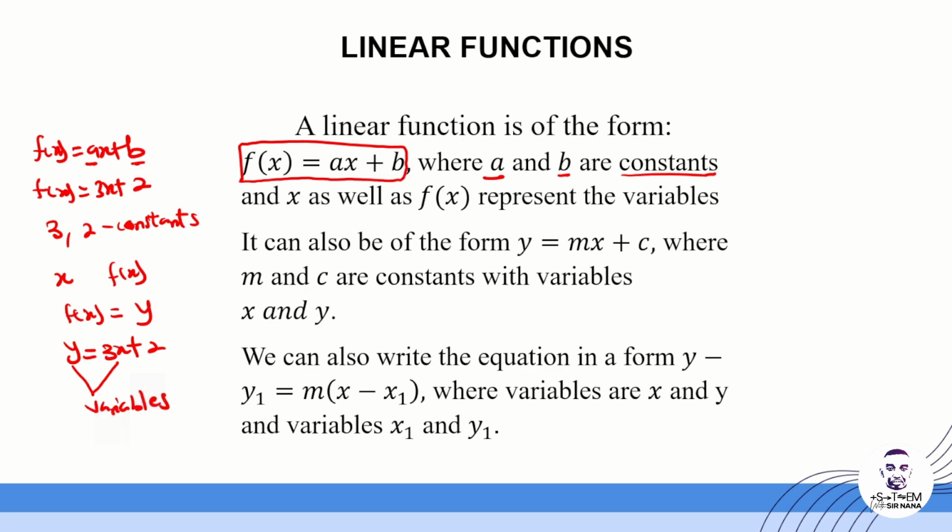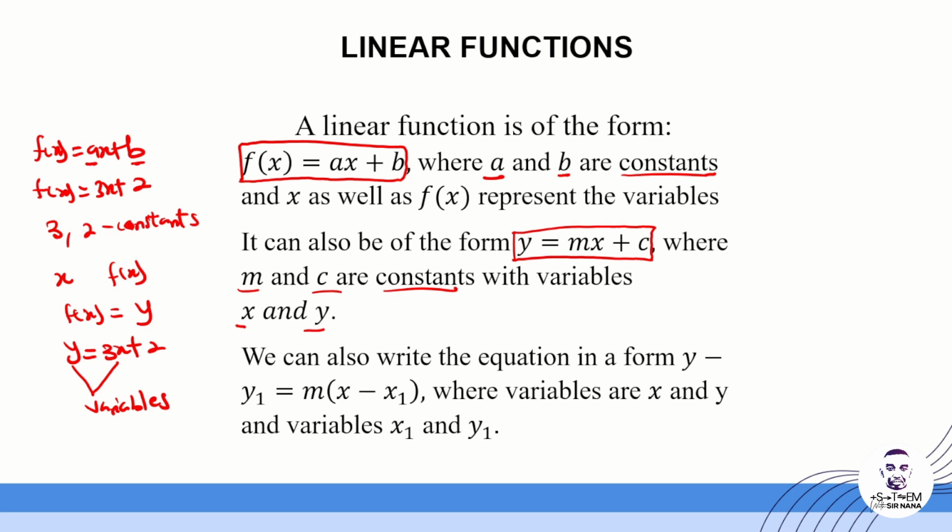right? We can also write a linear function in the form y is equal to mx plus c. In this case, we see that m and c are constants, so m is a constant and c is a constant, and x and y represent the variables.